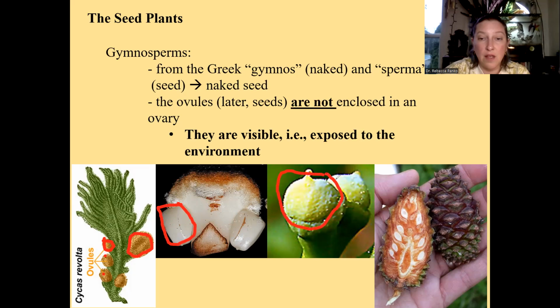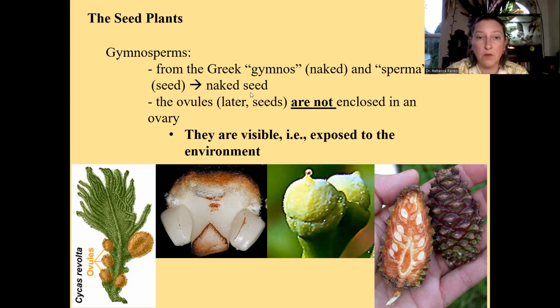These here are the ovules of ginkgo. And if you look on a cone, right, ovules. So these are ovules that are not enclosed in an ovary. They are visible to the naked eye. Once they become fertilized, these seeds will also be naked, or visible to the naked eye, right?